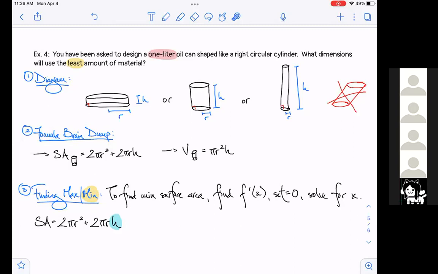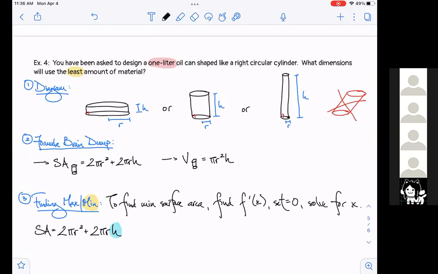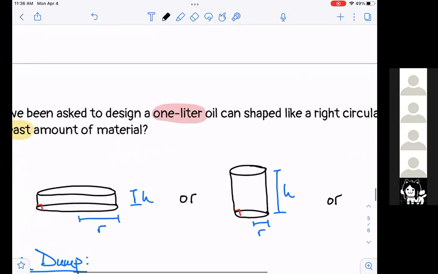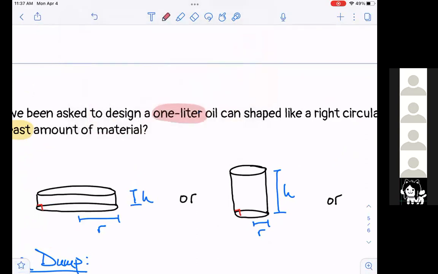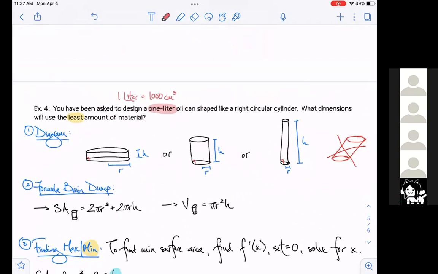And it turns out in this case that 1 liter, let's write this up here and I'll write it in red because I think it's pretty important. 1 liter is equal to 1,000 cubic centimeters.